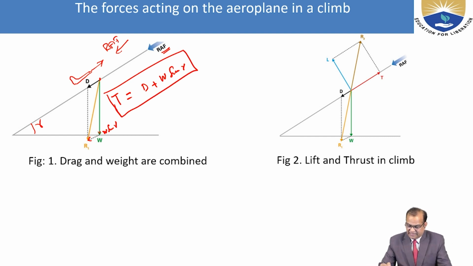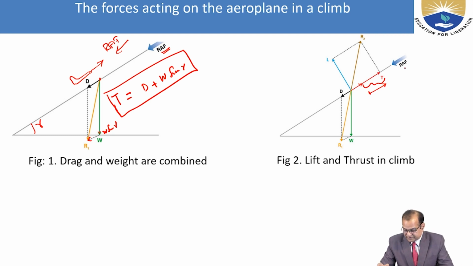But in another diagram, as per steady state, your thrust should be equal to drag. But it is higher. Why higher? Because the weight component, W sine gamma, is added. So this is extra. This much extra thrust we require for the climb.